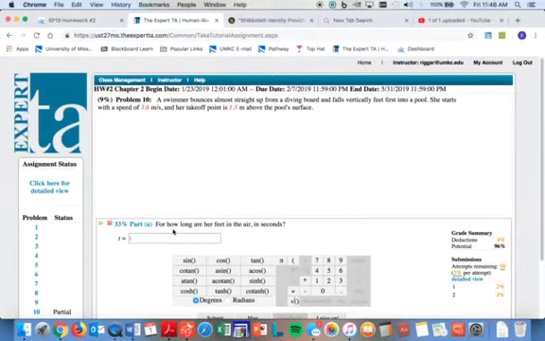First one says, for how long are her feet in the air? Since she jumped straight up and straight down, how long are her feet in the air in seconds? So what's y final going to be? It's going to be 0, right? So here's what you have.